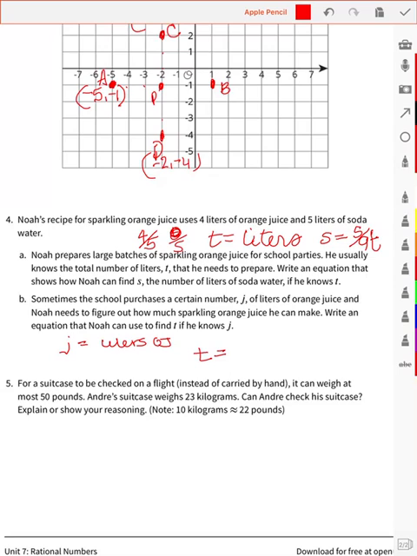So it's going to be 9 divided by 4. It's 4 of orange juice. 9 is the total liters. And that would be how much? 9/4 times J.